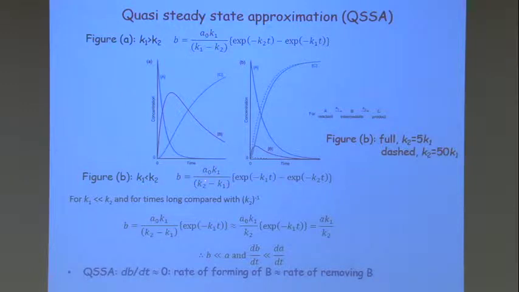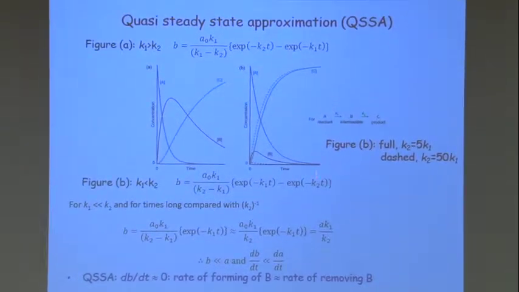And so now what happens is that the buildup of B is determined by K2 and is very fast. And then it decays away with this rate constant K1. So B is now building up quickly and then decaying slowly again, but it's determined by a different reaction.